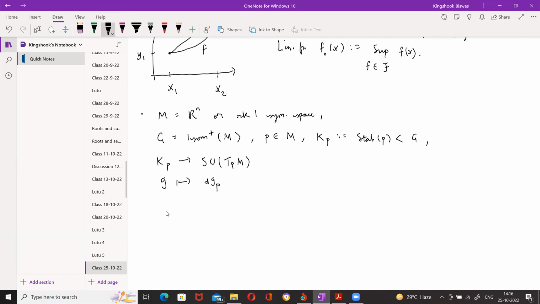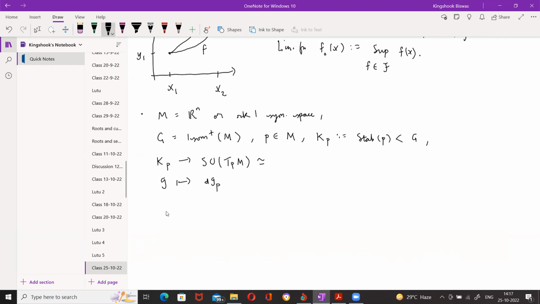This homomorphism is injective because we've seen this argument before: if two isometries fix a point and have the same derivative at that point, then the isometries are equal. You do that by looking at geodesics starting from P.